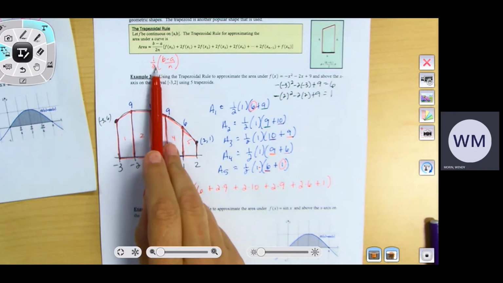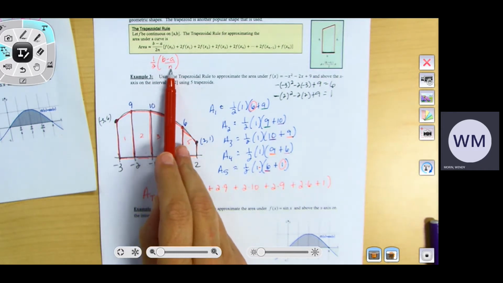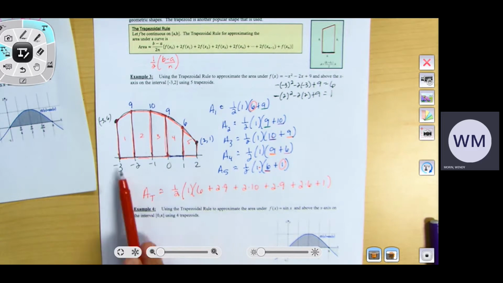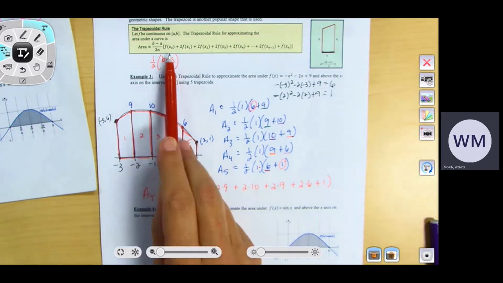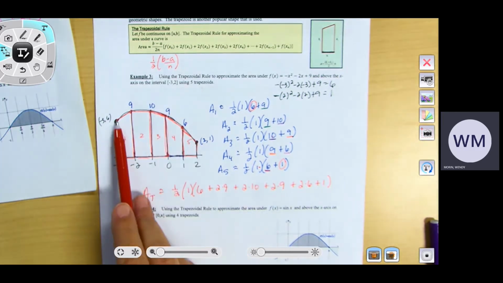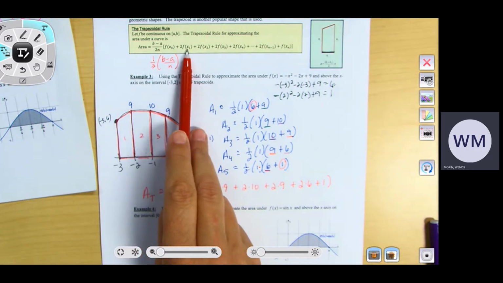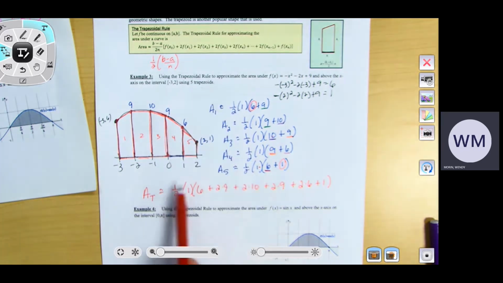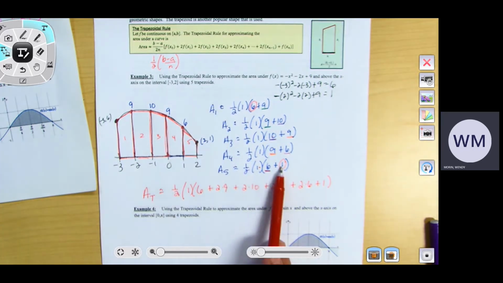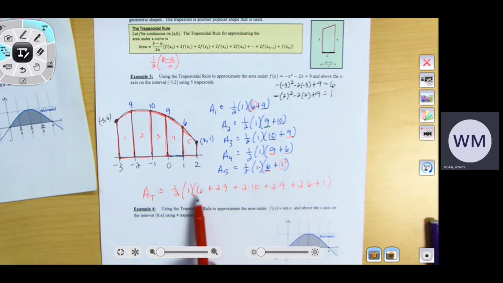One half, b minus a, divided by n. 2 minus negative 3 divided by 5 trapezoids. That's this right here. This is your first y value, your 6. And you have 2 of the next ones, 2 of the next ones, 2 of the next ones, all the way till you get down to the end. So that's what all of this is. So that's what that formula means.